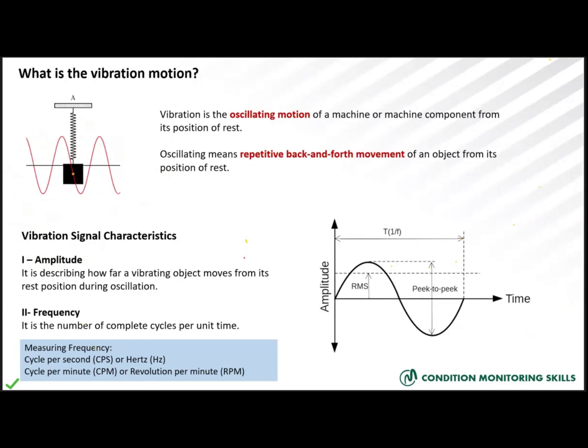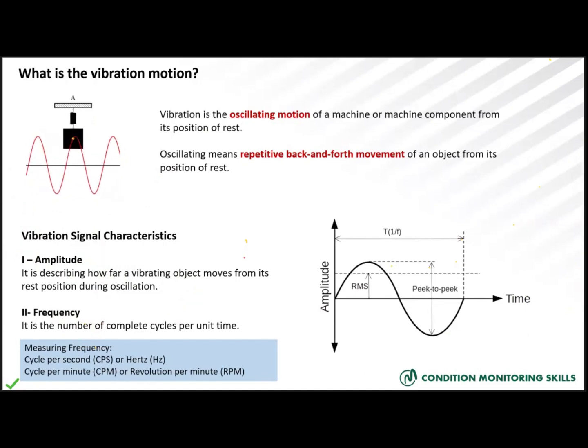The vibration signal helps us to understand how machines are moving and if they are working properly. There are two very important characteristics of vibration motion: the amplitude of the motion and the frequency of the motion. The amplitude and the frequency.